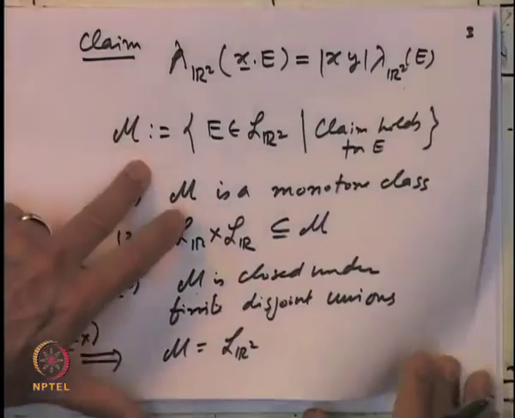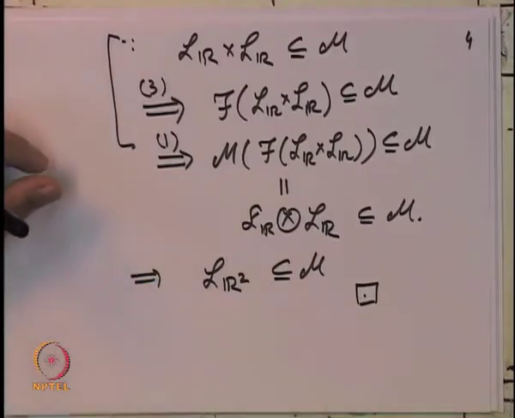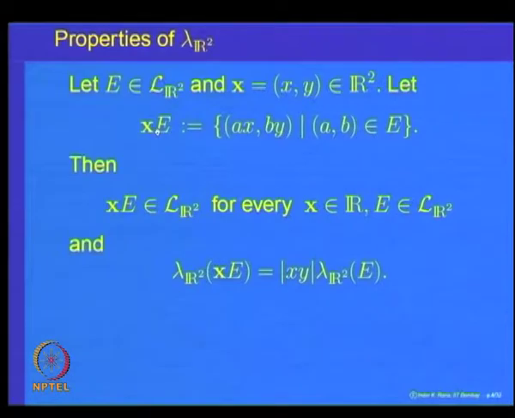That will prove the required claim, namely, this property of the Lebesgue measure: if E is a Lebesgue measurable set, then x times E is also a Lebesgue measurable set, and its Lebesgue measure is equal to the Lebesgue measure of E multiplied by the absolute value of the product of the components of x, that is x comma y.